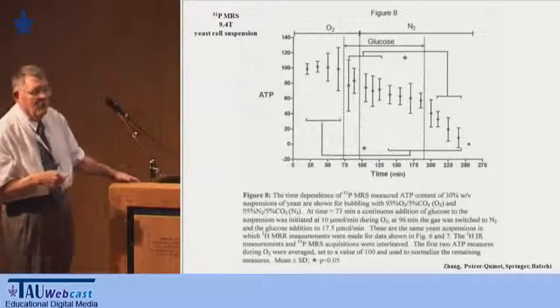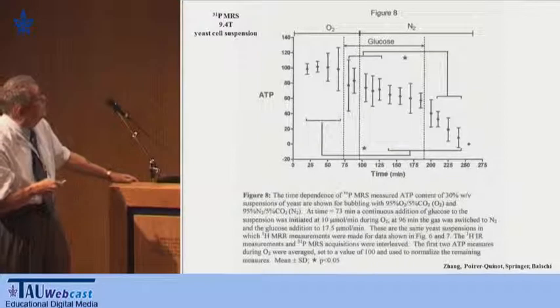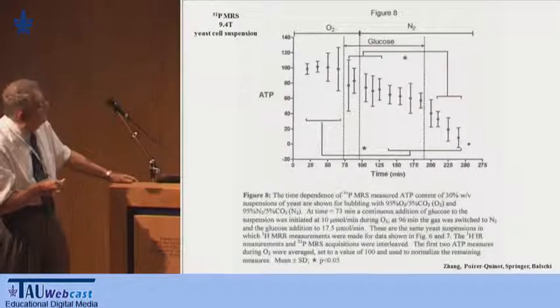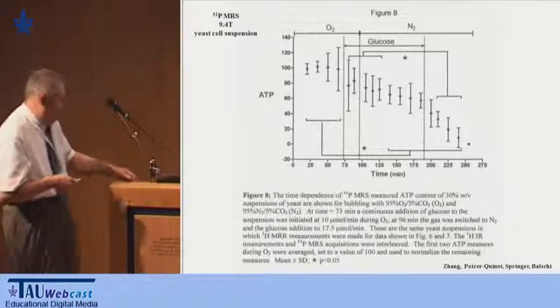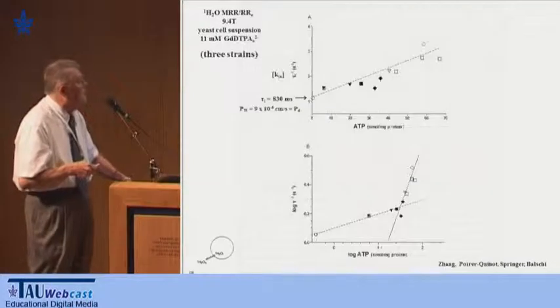And of course, with NMR, you can check this directly. And so Jim measured the level of ATP with NMR and also with liquid chromatography. And when you're bubbling with oxygen, you got a lot of ATP. And as soon as you switch to nitrogen, the ATP goes down, and it can actually go to almost zero. So then Jim and Yaji did a series of experiments.